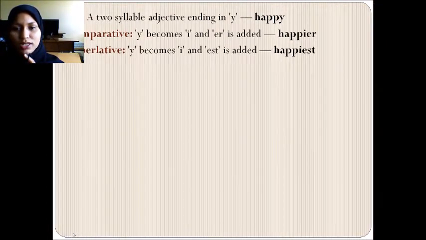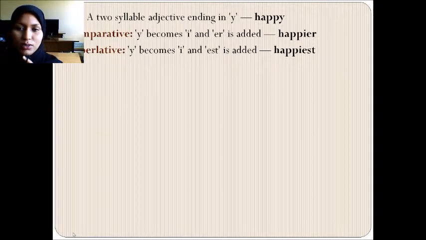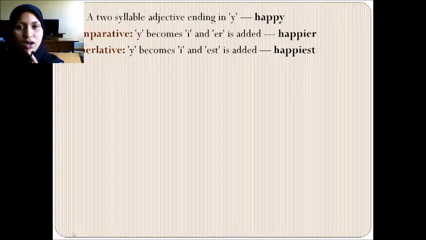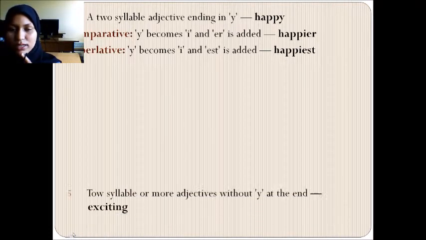For the superlative, the y becomes i and est is added, so we say happiest. For two syllable adjectives ending in y, the y at the end transforms to ier. So we have the comparative happier and happiest in the superlative.